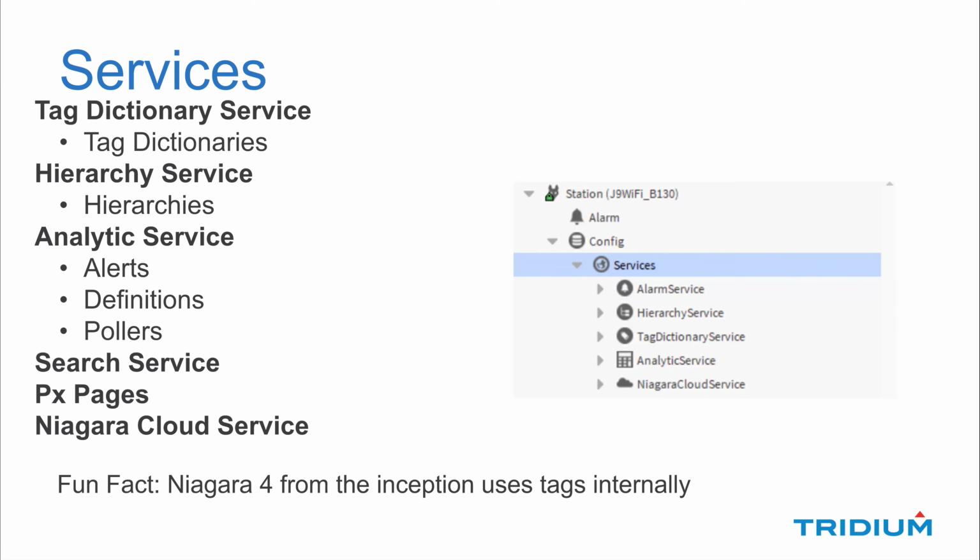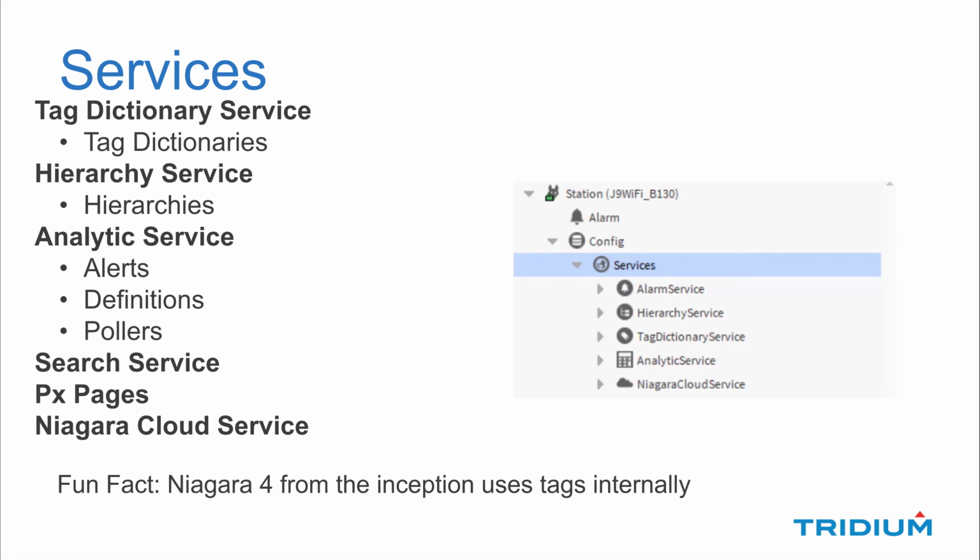So it's actually been here since the inception of Niagara 4. All of the cool things you can do with multiple tag dictionaries was looking at how the industry was moving and giving you that flexibility. So you're going to see that this service allows us to utilize tags in the analytics service. It allows us to do hierarchies with these tags.